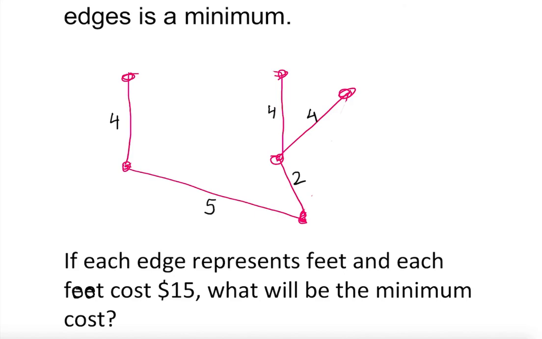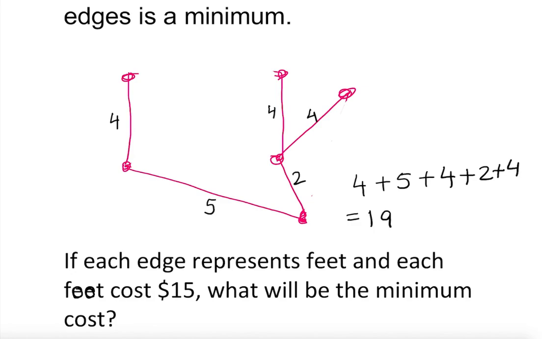So what is the answer? My minimum spanning tree is going to be 4 plus 5 plus 4 plus 2 plus 4. That would give me 12, 17, 19.